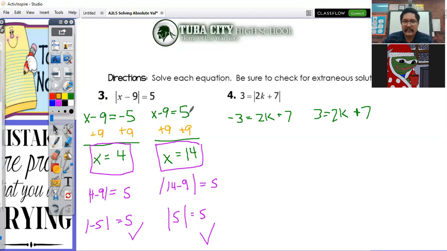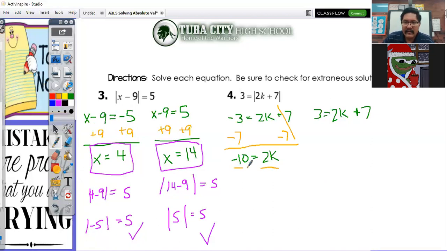Let's work them out. I want to get this k by itself, so I'm going to have to get rid of this 7. So minus 7 from both sides. This side will cancel. Negative 3 minus 7, put those together, you get negative 10. Negative 10 equals 2k.